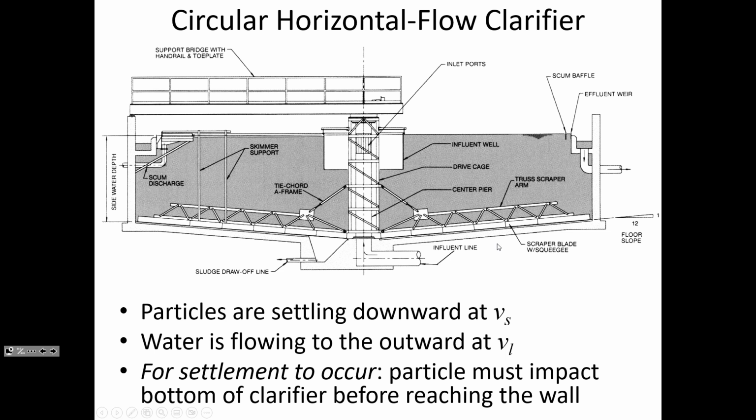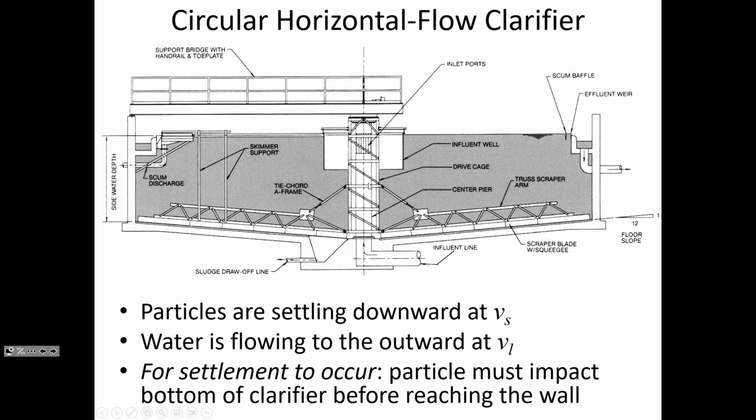Okay, so here's a cross-sectional view that shows a traditional circular horizontal flow clarifier. And in this horizontal flow clarifier, what happens is the water comes in at the center and it's distributed evenly, and so they may accomplish that through baffles or by having a lot of holes in a circular gate that surrounds the inlet pipe.